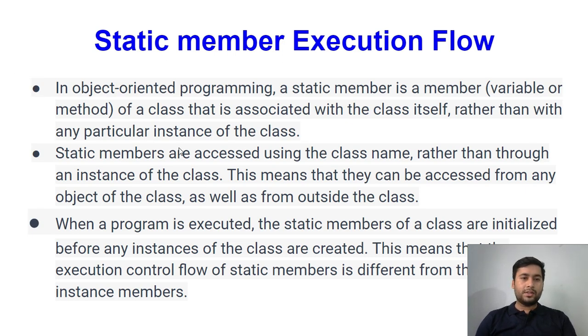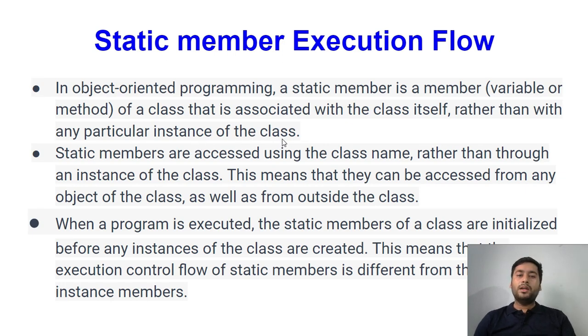In object-oriented programming, a static member is a member, such as variables, methods or a class, that is associated with the class itself rather than any particular instance of the class.